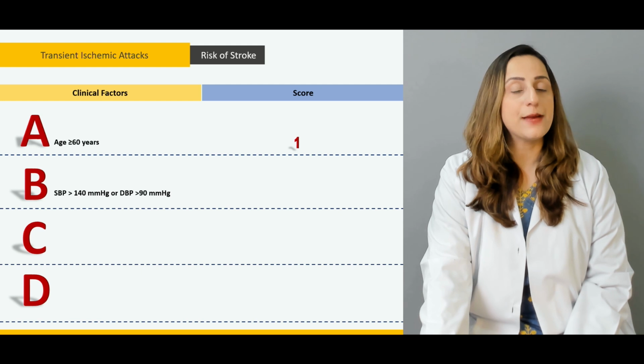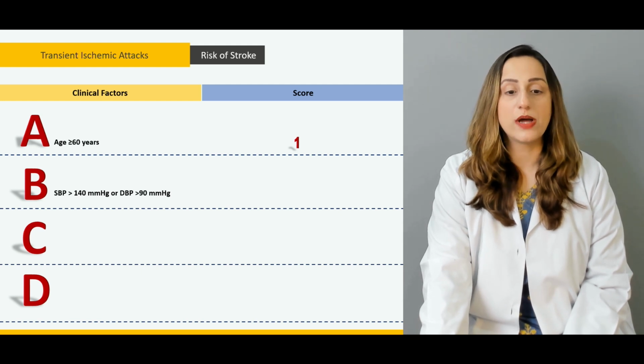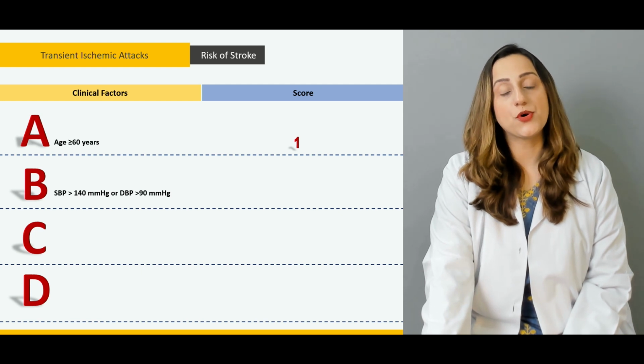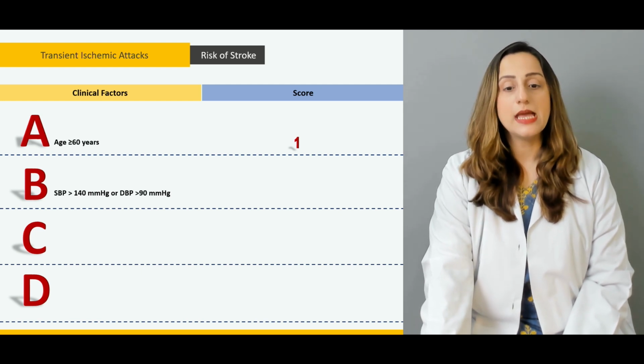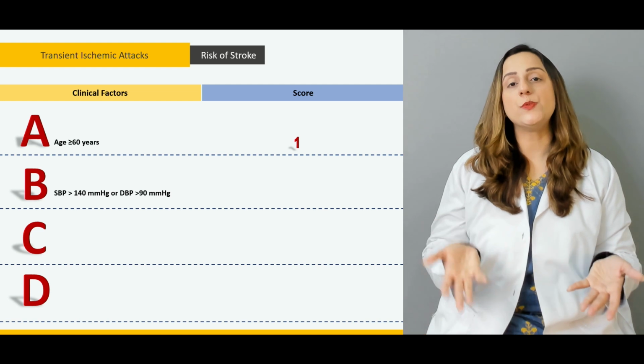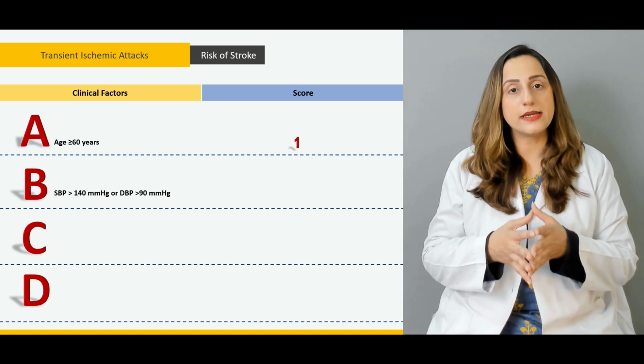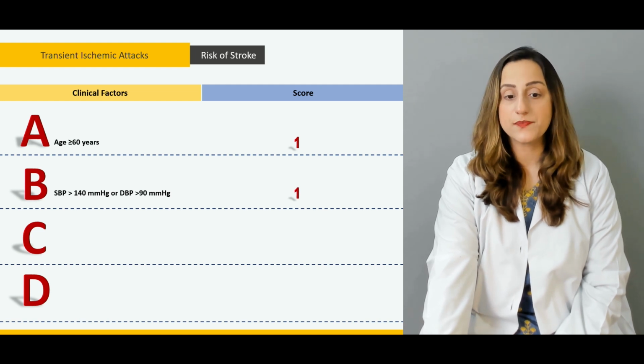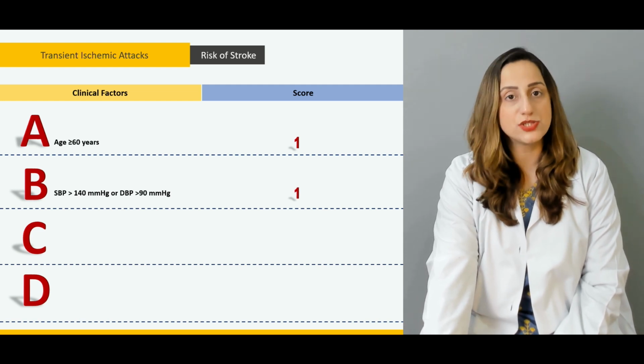Then we have the systemic blood pressure. If it is more than 140 millimeters of mercury, or the diastolic blood pressure is more than 90 millimeters of mercury, these are the two criteria we weigh, and the score given for this criteria is a single point that adds to the scoring system.